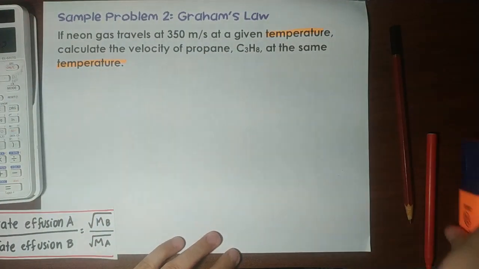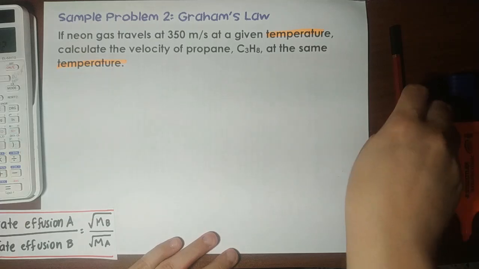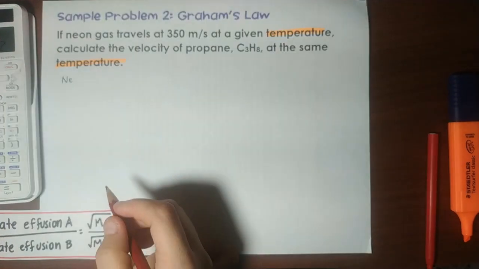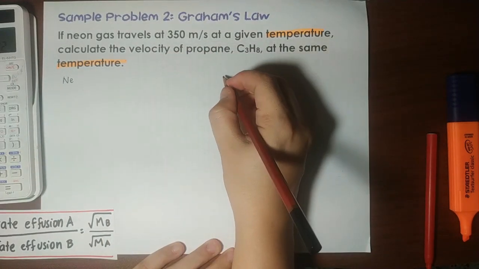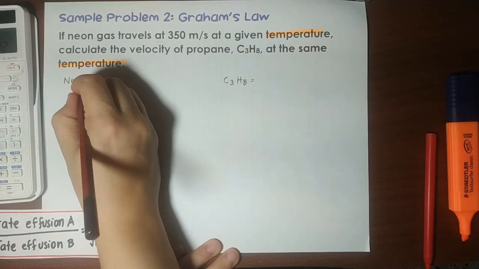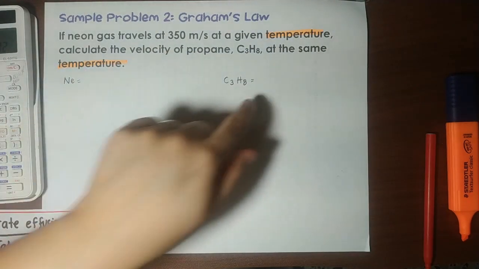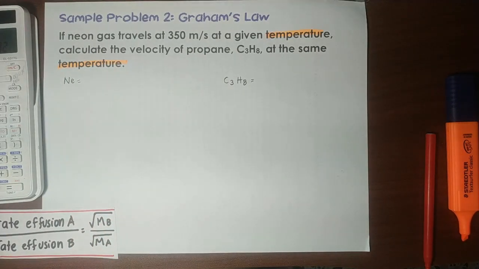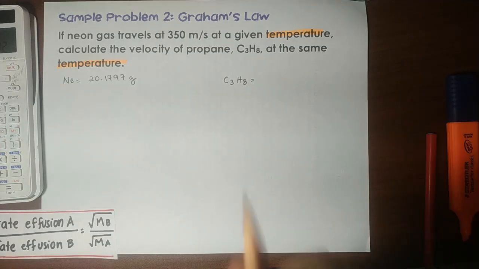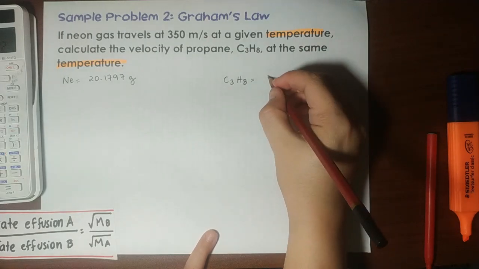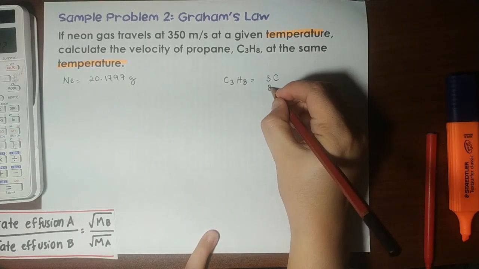So in this exercise, I am comparing neon and propane. Now, you have to get the molar masses of both. So neon, its molar mass is, let me see in the periodic table, 20.1797, and propane will be 3 carbons plus 8 hydrogens.